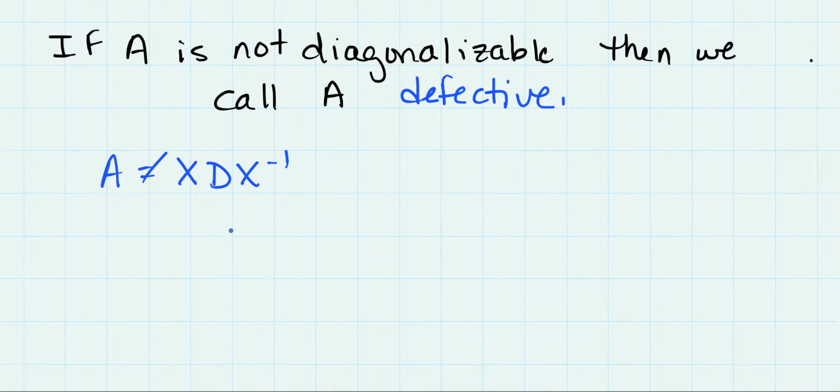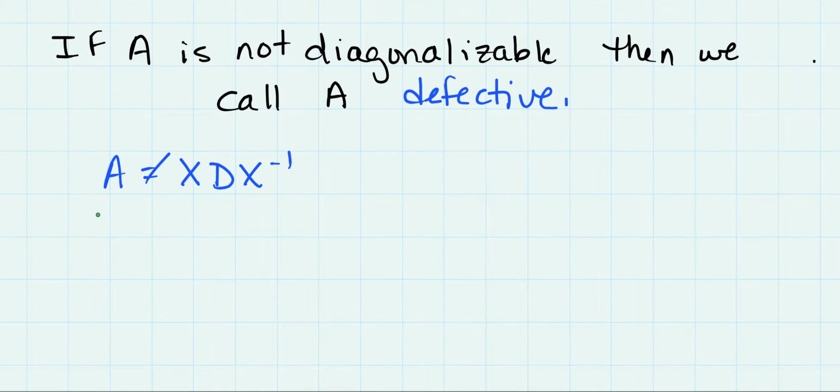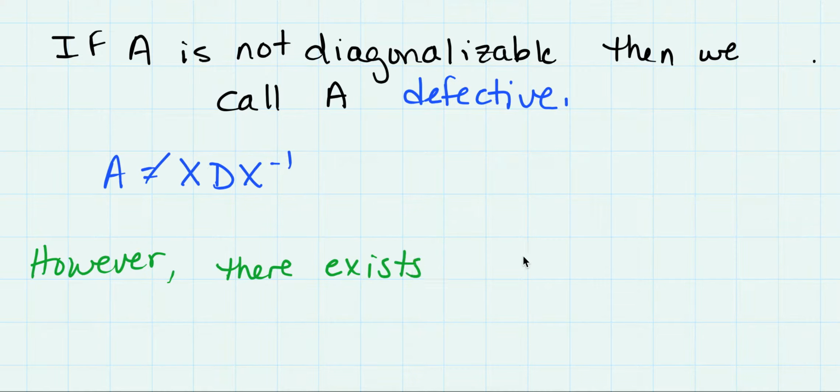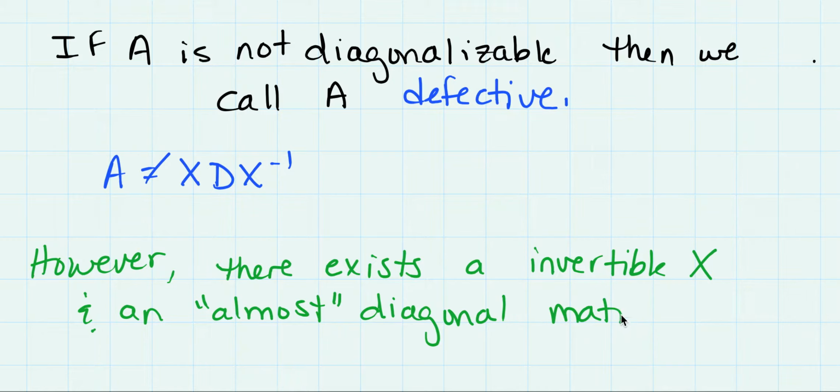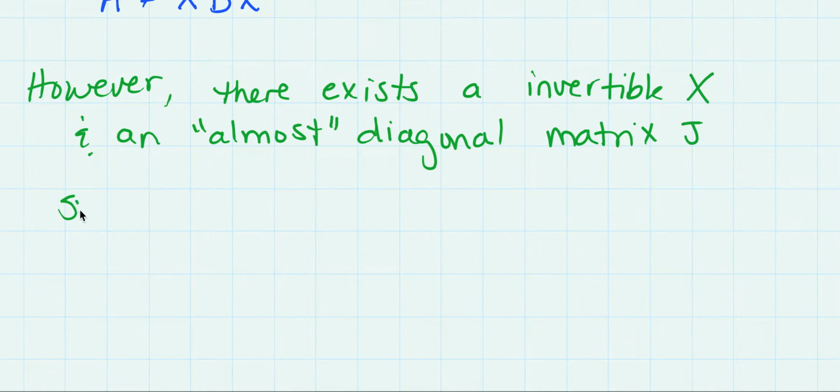So, there exists an invertible matrix X and an almost diagonal matrix J such that A is equal to X J X inverse.